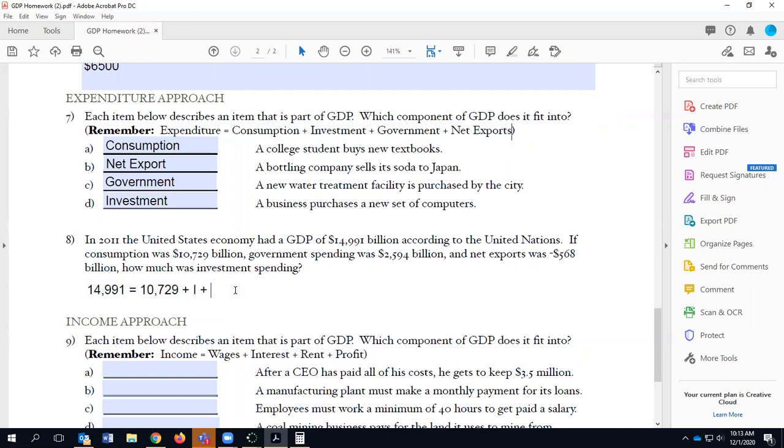And our government spending was $2,594. And we're going to subtract our negative 568. So now, you guys take math. How are we going to find I?